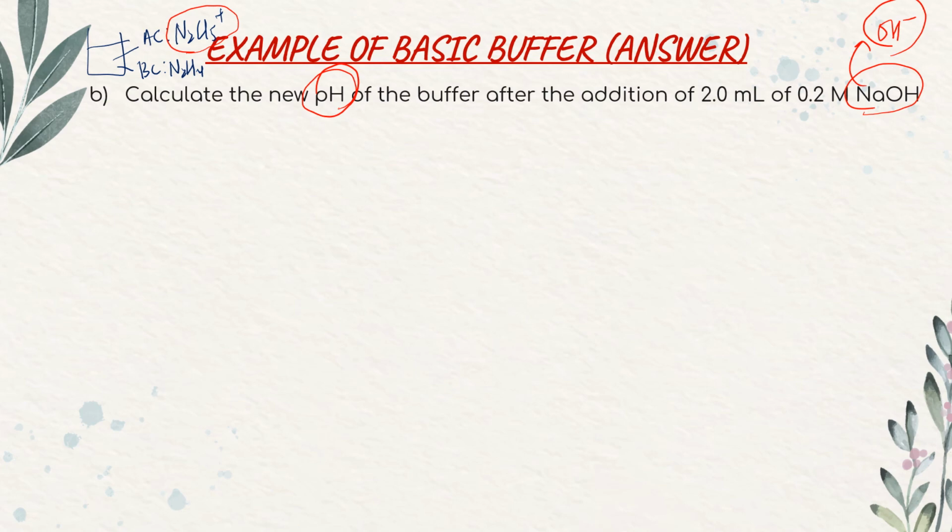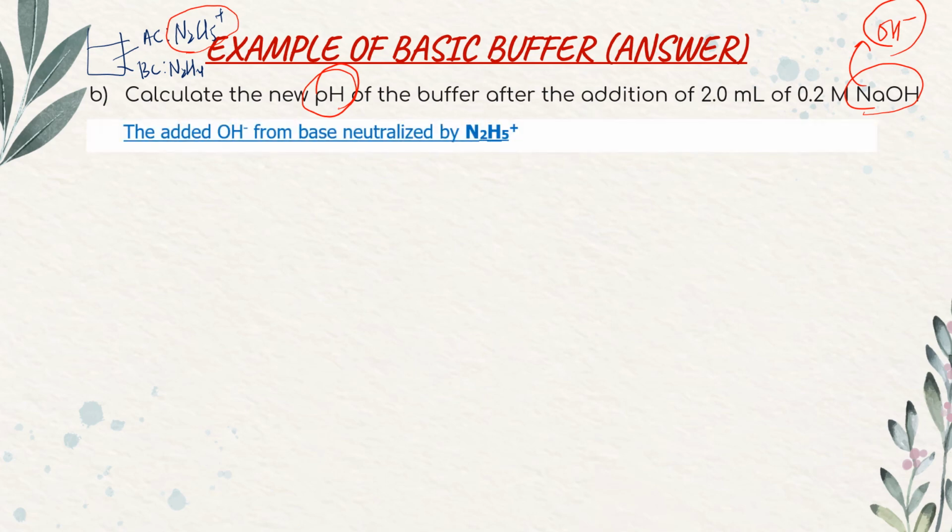So we're going to start by writing down the neutralization equation, and also constructing our initial, change and final table. In the table we will use concentration, because that's why we found the concentrations earlier.